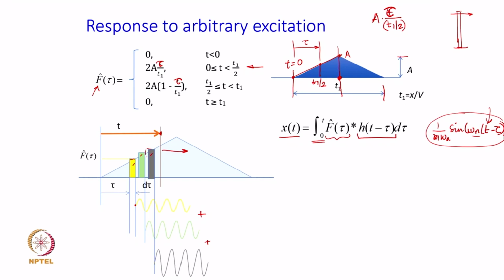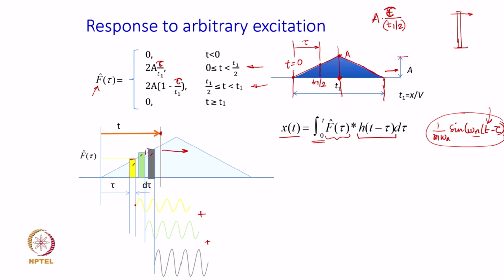And in this particular region where the amplitude keeps dropping to 0, from t equal to t1 by 2 to t equal to t1, the expression changes to this. So, in this time period the expression is slightly different, and obviously beyond time t greater than or equal to t1, there is no force that acts.